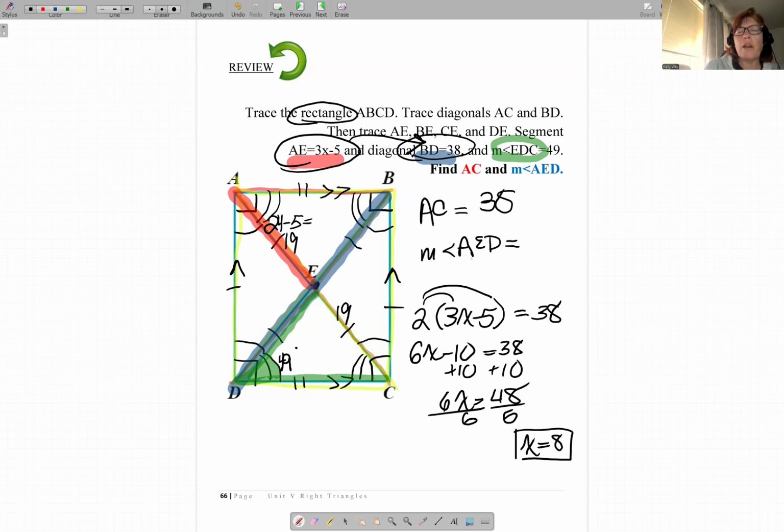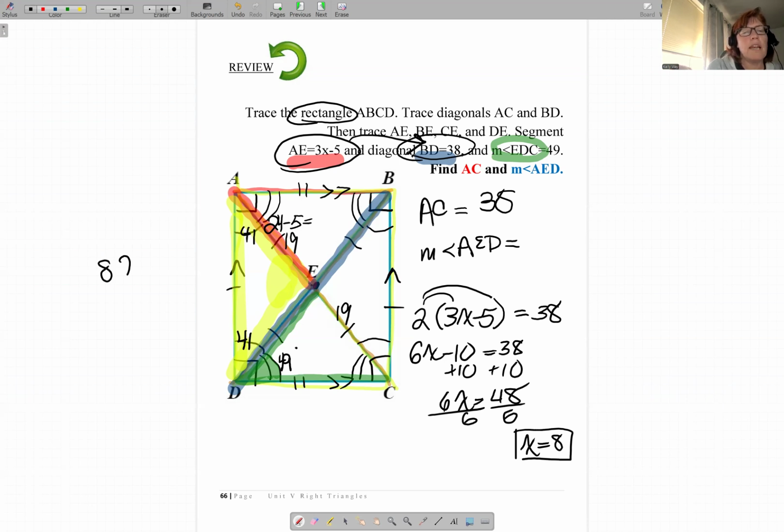And we want the measure of angle AED. That's this angle right here, AED. And 49, take away from 90. It's going to be a 41. And if that's 41, this is 41.